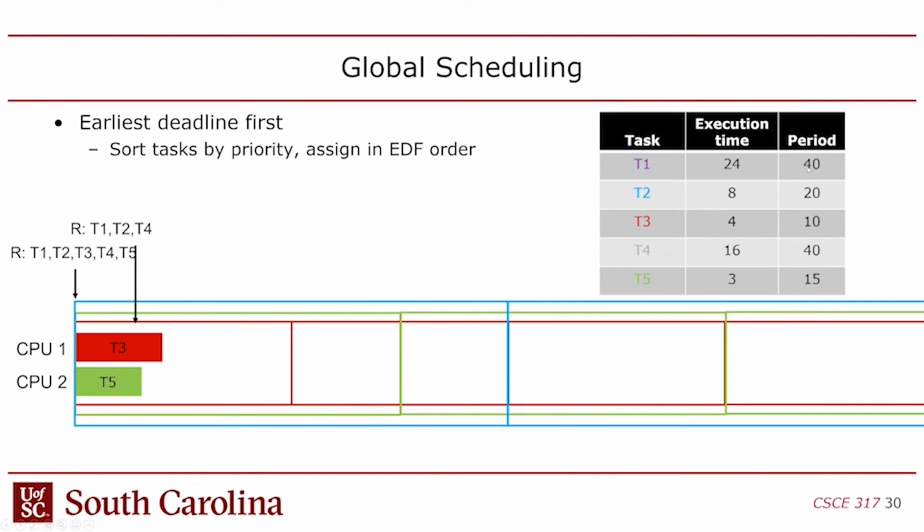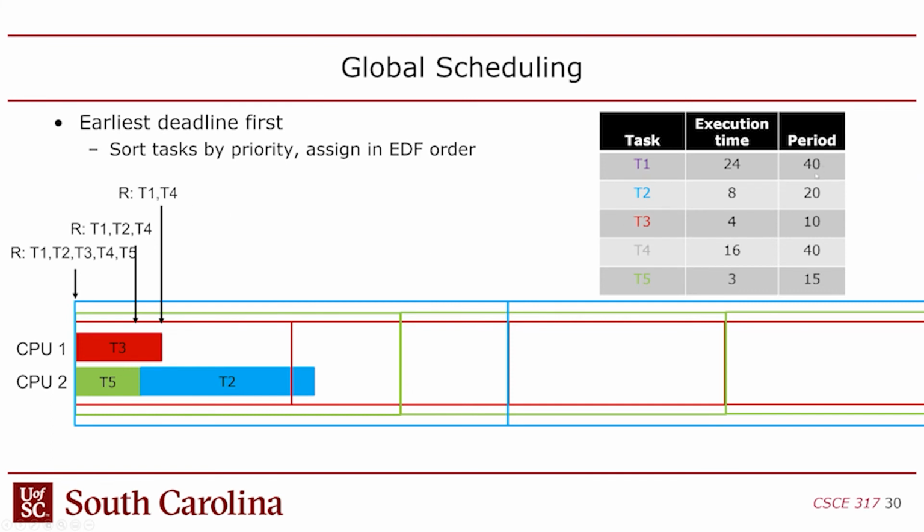Now T1 and T4 are both lower priority because they have the highest periods, and so T2, which is the blue one here, is the next highest priority, so we'll run T2. And then when T3 finishes on CPU 1, T1 and T4 are the only ones left.